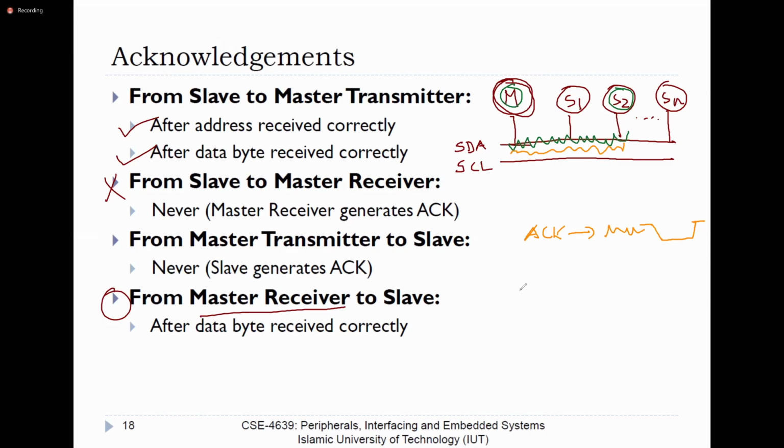So already we know there is a slave and a master. The master can be a transmitter only, and at that time the slave will be in the receiving mode. And the master can be the transmitter first, and after that it will be a receiver, and the slave will be in the receiving mode first.